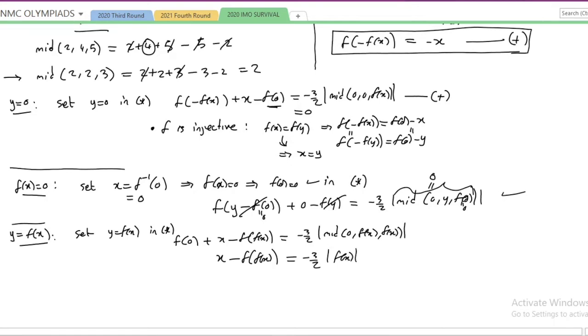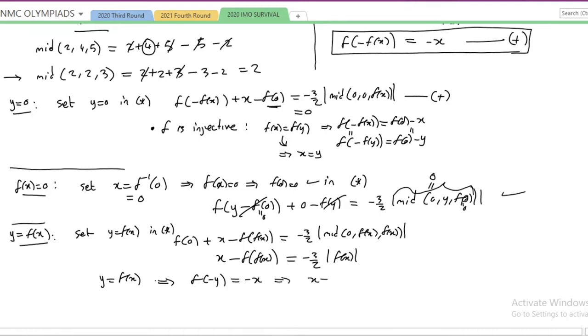Alright, so we're going to try to reduce this a bit more, making use of what we had from plus. So remember that y is f of x, so if we plug this in plus, this will imply f of minus y is equal to minus x.